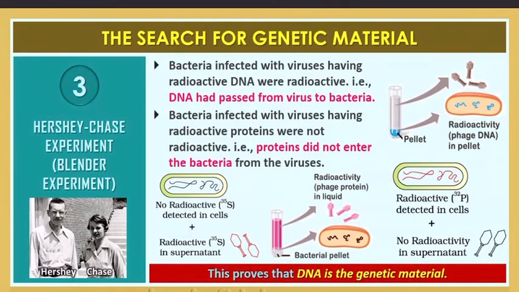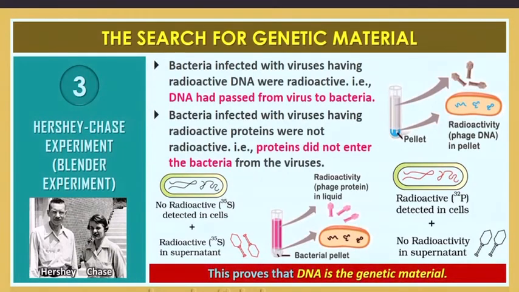So bacteria infected with viruses having radioactive proteins were not radioactive. Proteins did not enter the bacteria. So what has entered? It is only DNA. You can see here no radioactive sulfur detected in cells, plus radioactive S35 is in the supernatant, the top portion. So radioactive protein is in the liquid and not in the bacterial pellet.